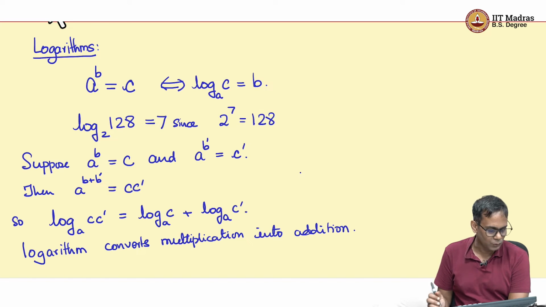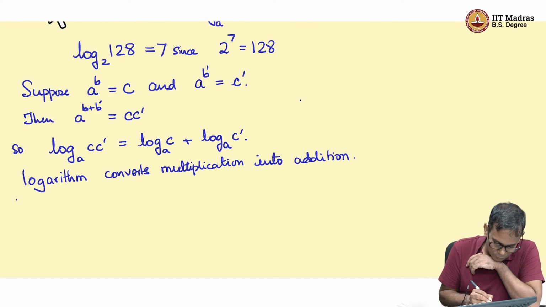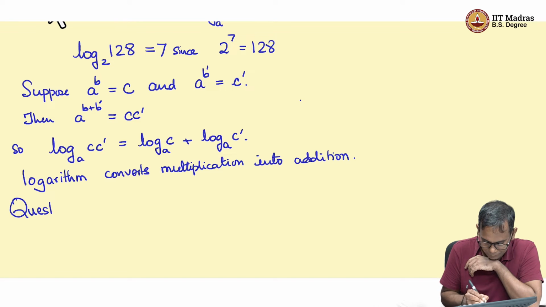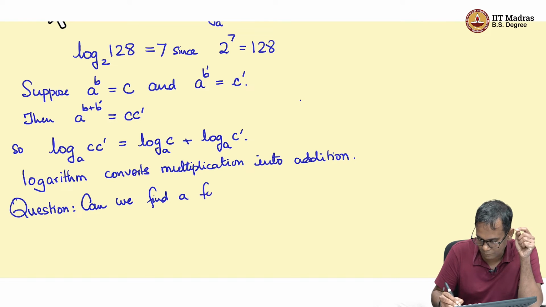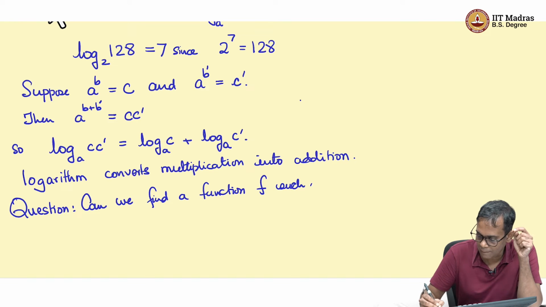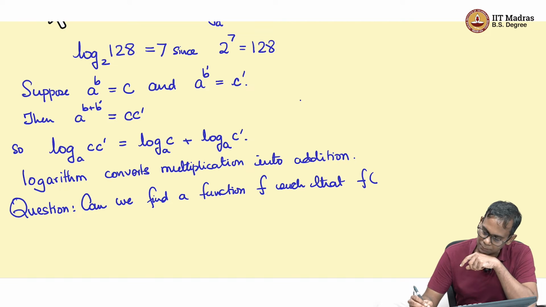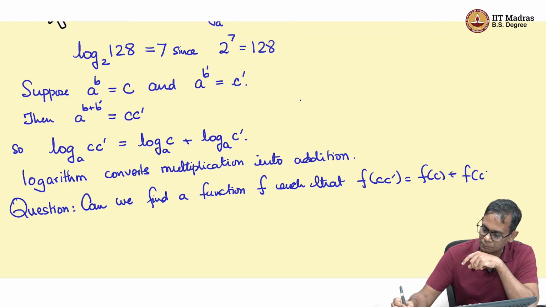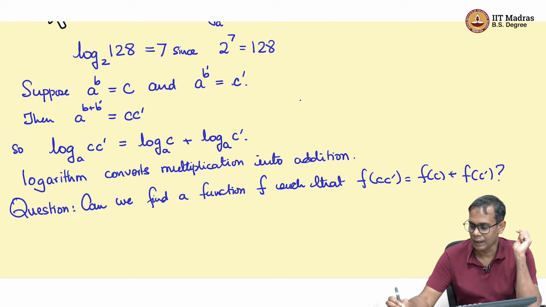So, we can turn this into a question in calculus. Let me formulate the question. Can we find a function f such that f of c c prime is equal to f of c plus f of c prime for all reasonable c and c prime?